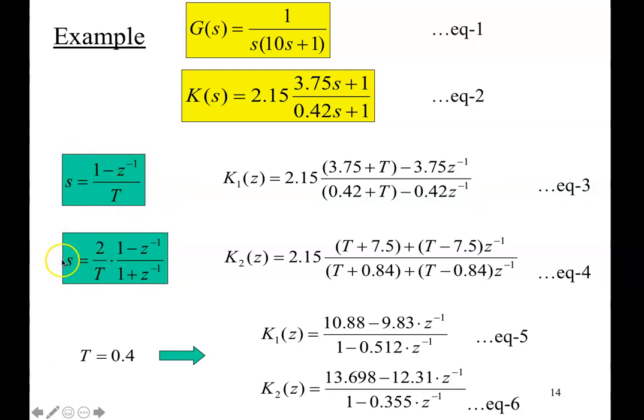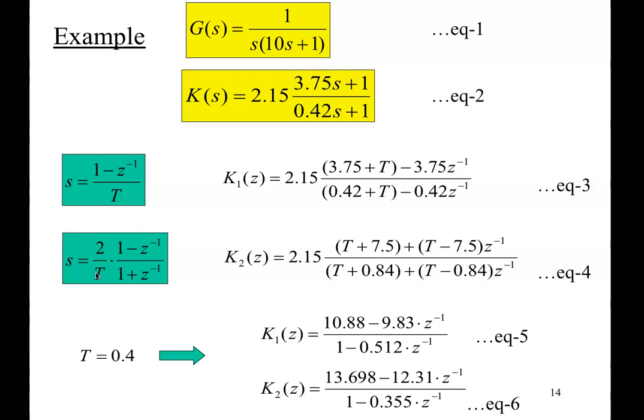The bilinear method is s equals 2 over T, (1 minus z to the power minus 1) over (1 plus z to the power minus 1). If I choose the sampling interval to be 0.4, this becomes 2 over 0.4.